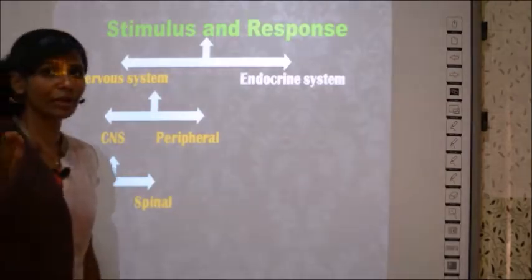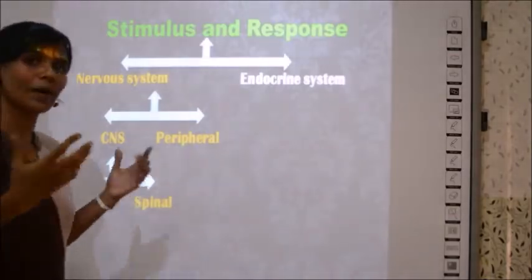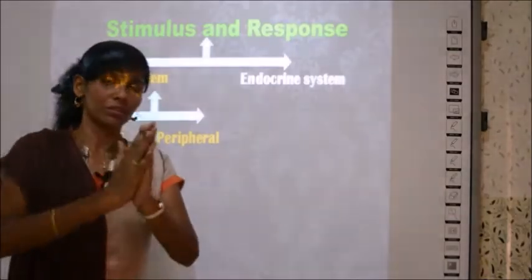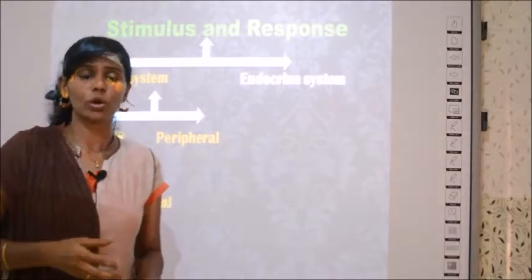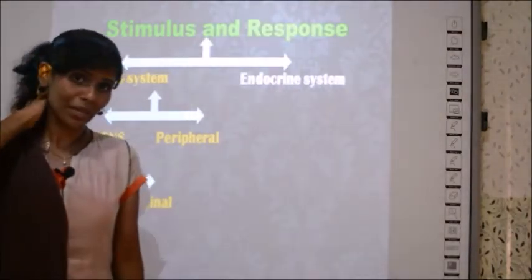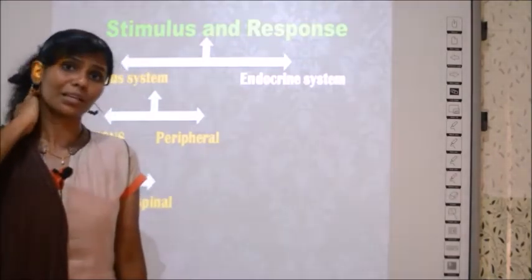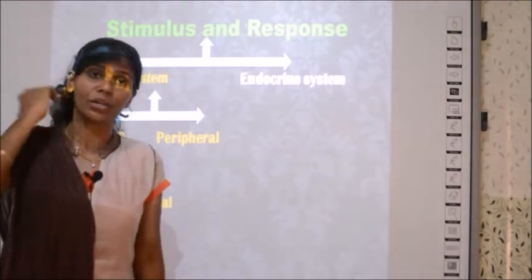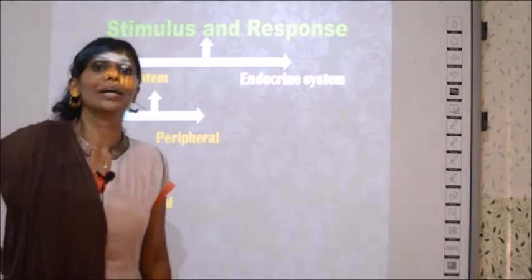Brain, you know where it is, right? Somewhere inside your head. So this is the brain. And the spinal cord, I don't know how many of you know where it is. Behind your neck, if you touch, you can sense a rod-like bone starting. That bone elongates down till your hip region.